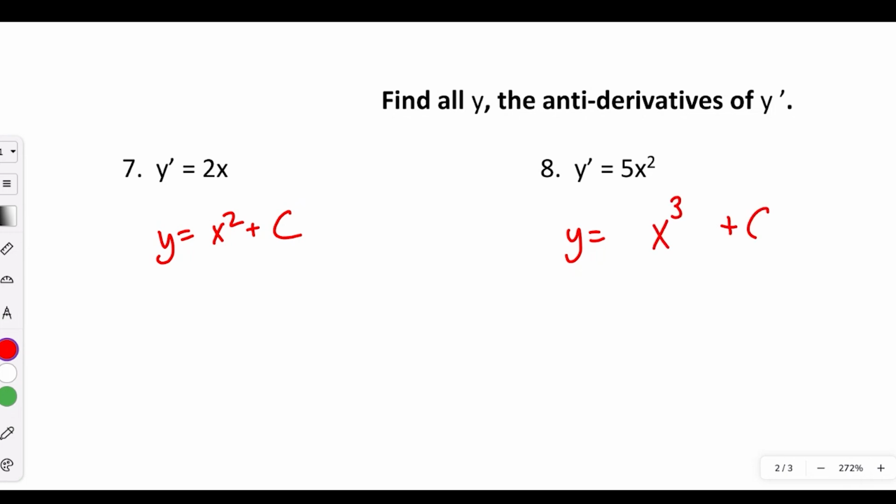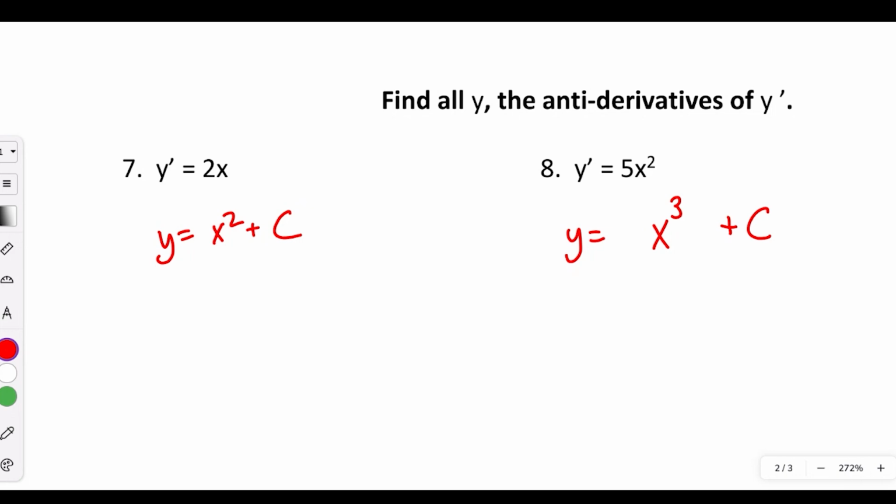And we know we're going to have this plus c on the end. The derivative of x cubed, though, is 3x squared. So how do we get from 3 to 5? Yeah, we've got to multiply it by something, right? And so here's the trick for these power rule antiderivatives.